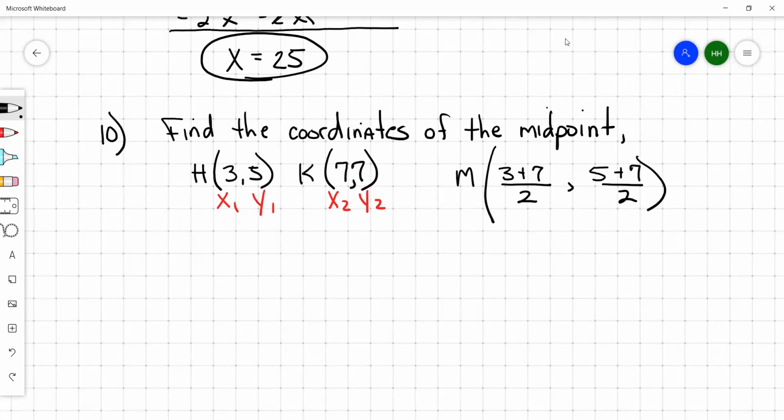So the coordinates of the midpoint are going to be at 3 plus 7 is 10 divided by 2 is 5. 5 plus 7 is 12 divided by 2 is 6. Your midpoint's going to be at 5, 6.